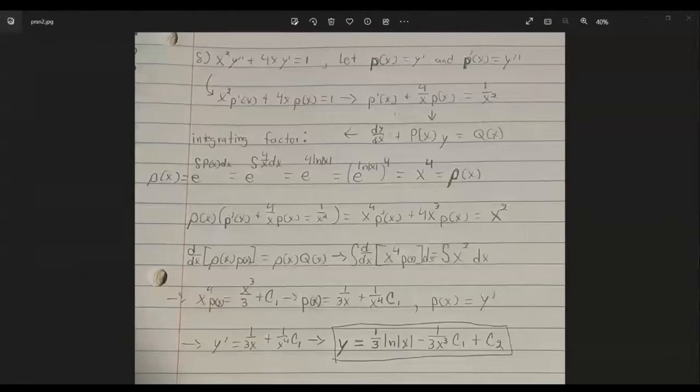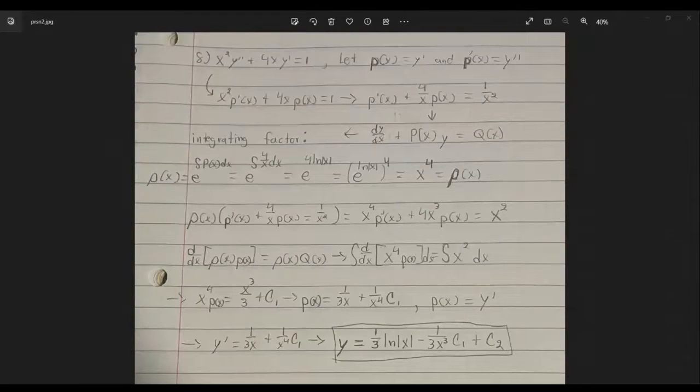I began by substituting y prime with p of x, meaning y double prime would be equal to p prime of x. I substituted back into the original equation and divided the whole equation by x squared so I could leave p prime alone.